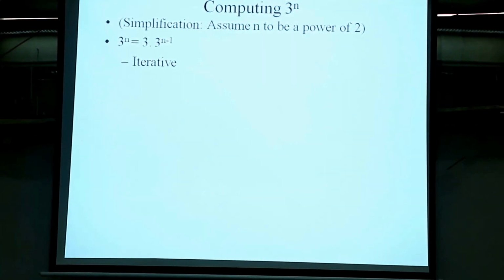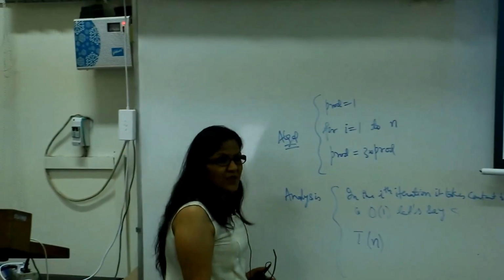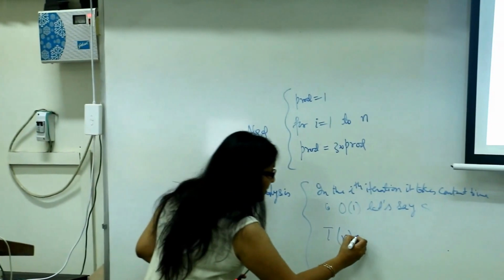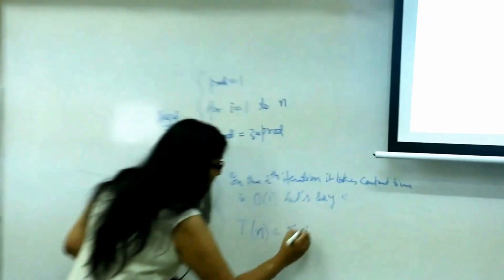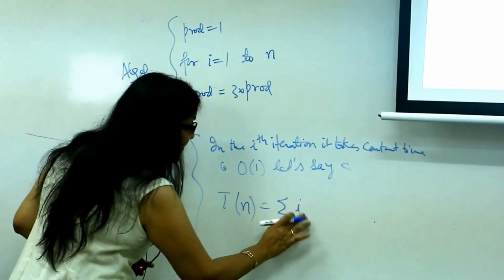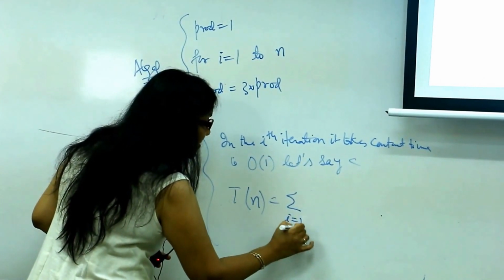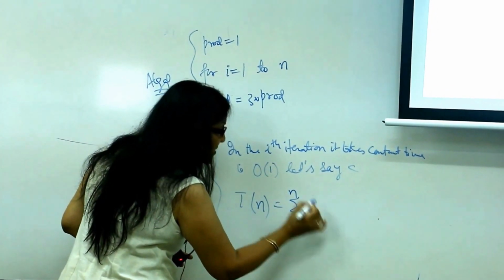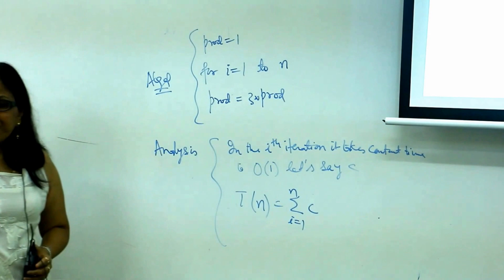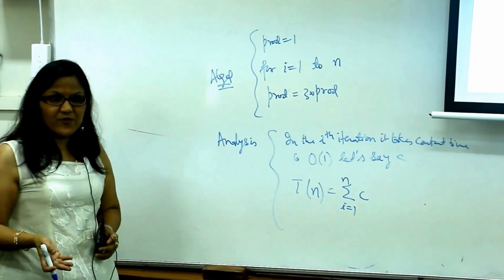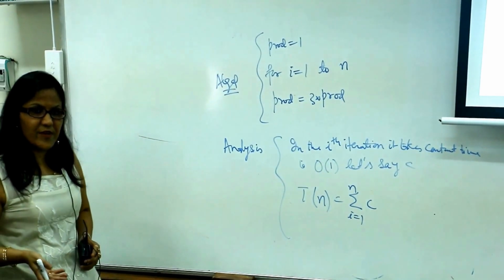Correct? If T represents the time to compute 3 raised to the power n, then this is equal to what should come here? C. In each iteration you are taking the same amount of time, independent of i.